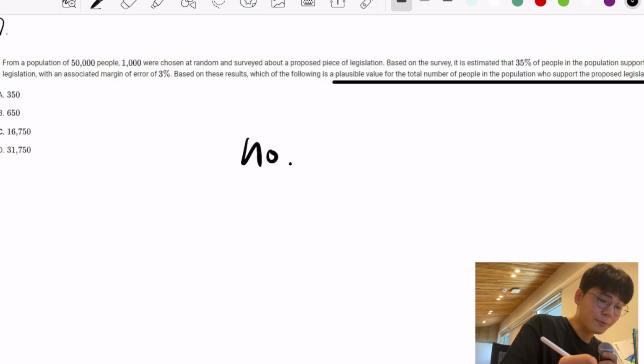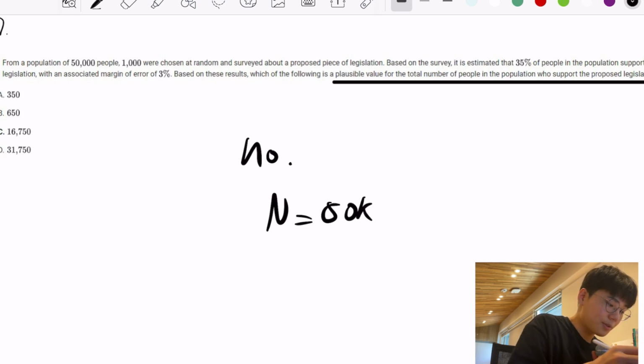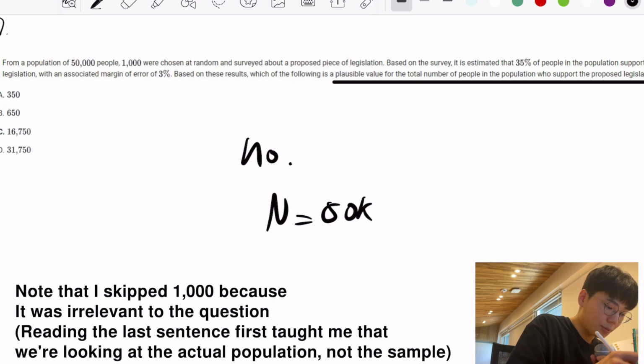Okay, with that information, we need the number of people from the population who support the legislation. And if you look at the other numbers, 50,000 people, okay, that's the total population, 50K, and then 35% of the people support the legislation.